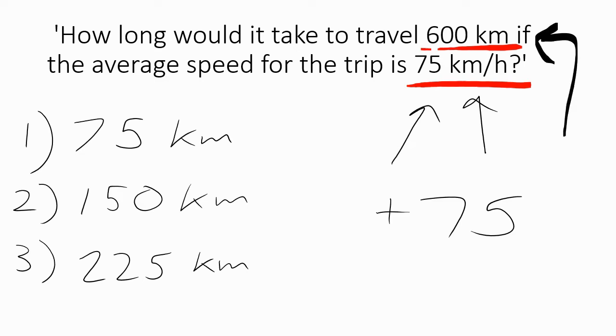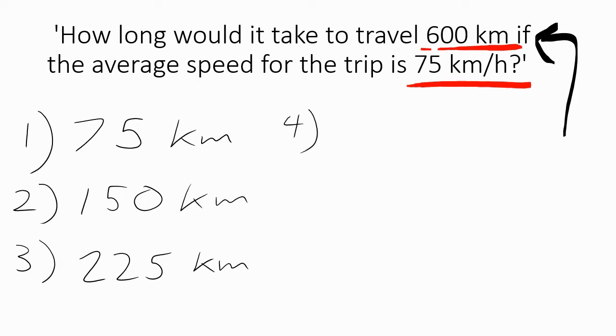We're not there yet. Heading into our fourth hour, we plus 75 again, because each hour you travel 75 kilometers. 225 plus 75 equals 300 kilometers, which is exactly halfway, which we could probably work out from there if we're a bit clever. There's our fourth hour.